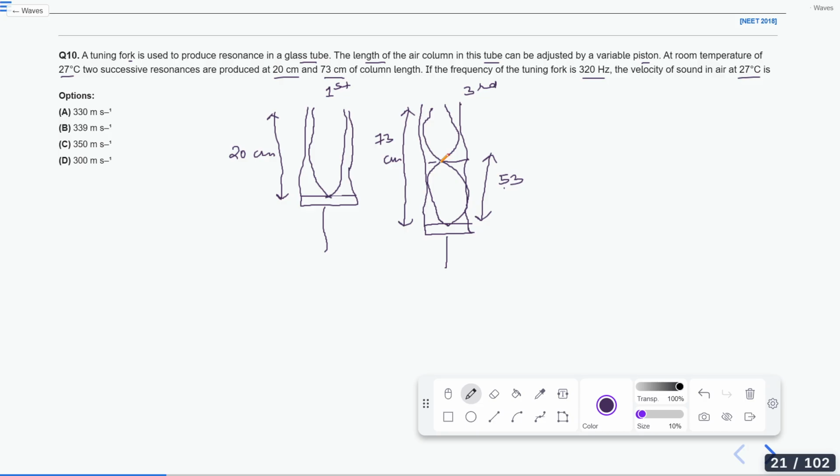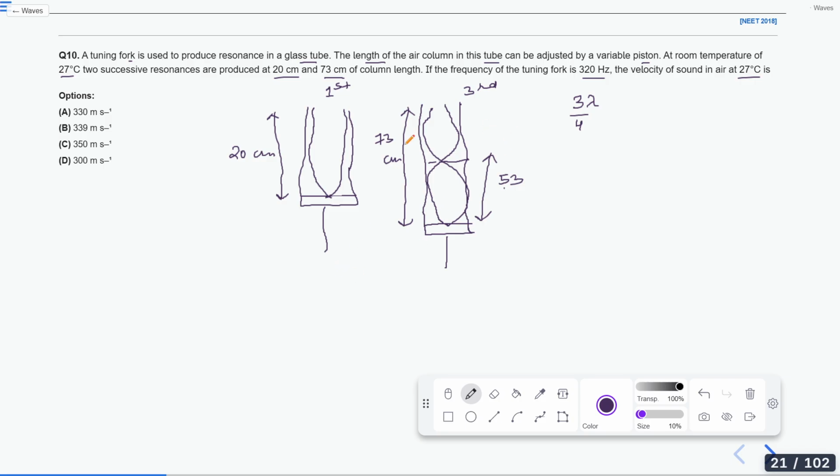So what amount of wavelength is there? This is half of the wavelength. This is 1/4 of the wavelength. This is half plus 1/4, that means 3/4 of the wavelength. This complete is 3 lambda by 4, and this is lambda by 4. That means this is lambda by 2.